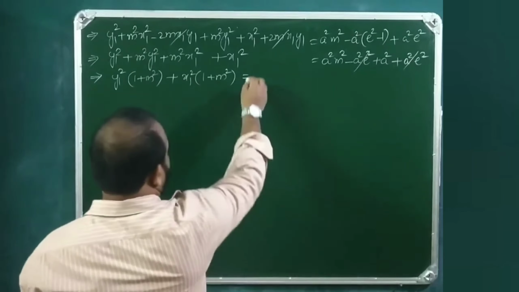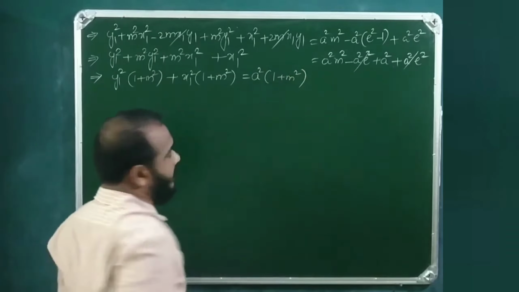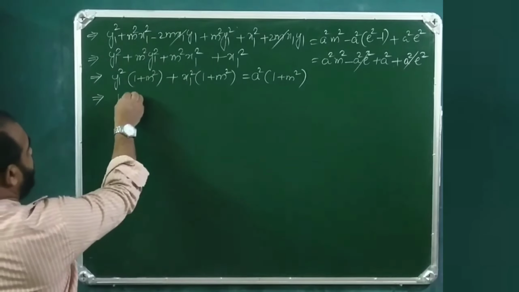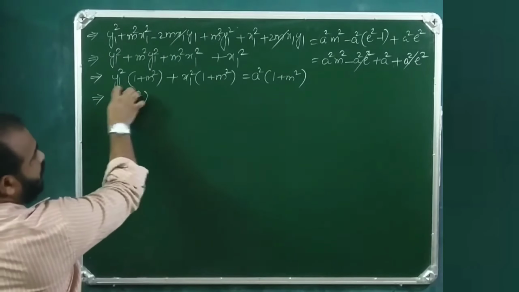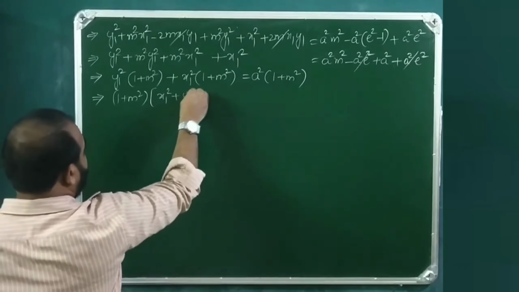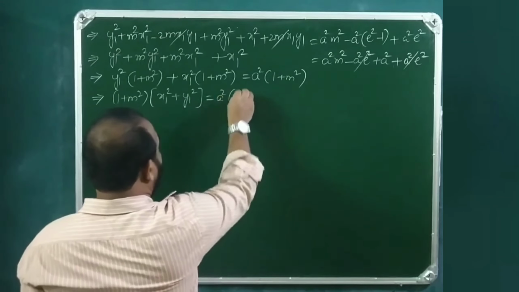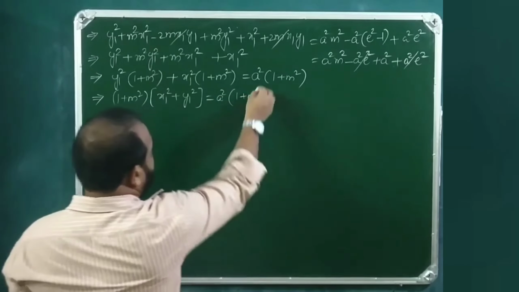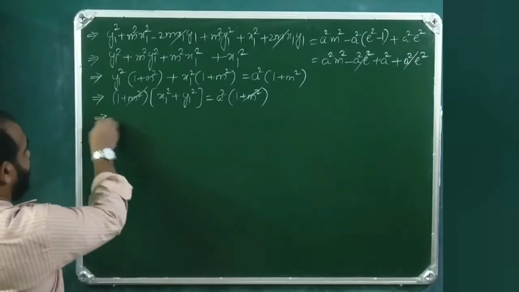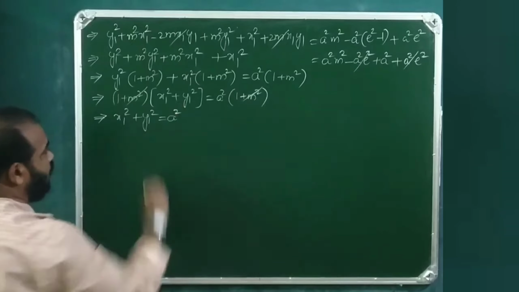Take a square in common, so 1 plus m square. Take 1 plus m square common in both of them. Then we get x1 square plus y1 square is equal to a square into 1 plus m square. So these two get cancelled. So this implies x1 square plus y1 square is equal to a square.